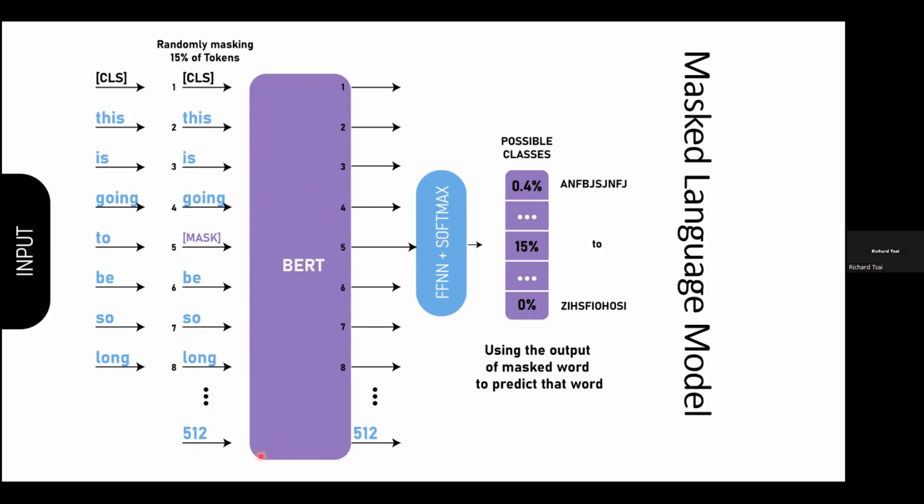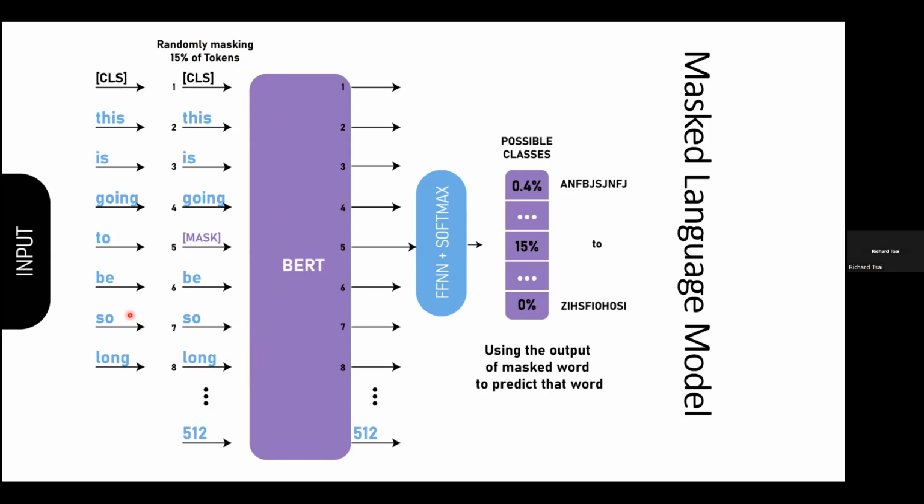A common approach to pre-train BERT is to have it perform the masked language model task. In this task, 15% of the tokens in the corpus are randomly masked.